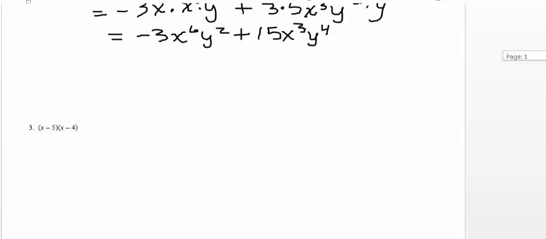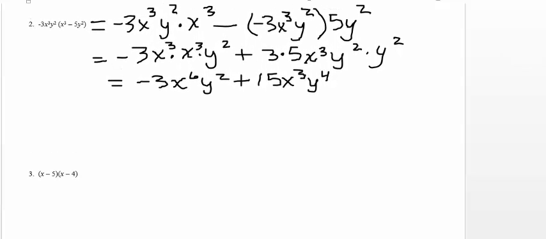Alright, here let's look at multiplying 2 binomials. Now one way you can look at this, the x of the first binomial has to be multiplied by the second binomial. And so does the negative 5 of the first binomial.